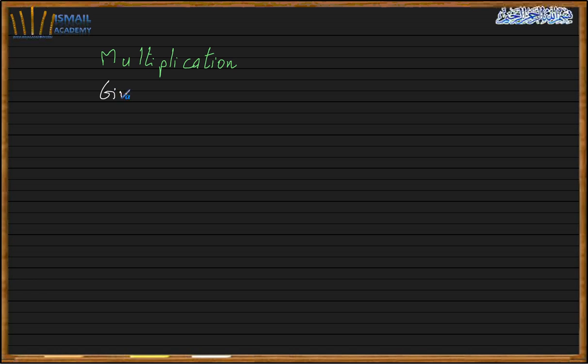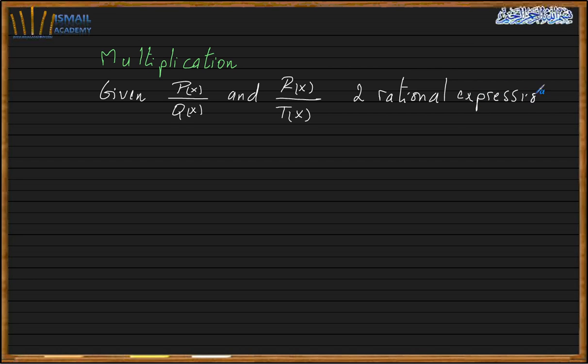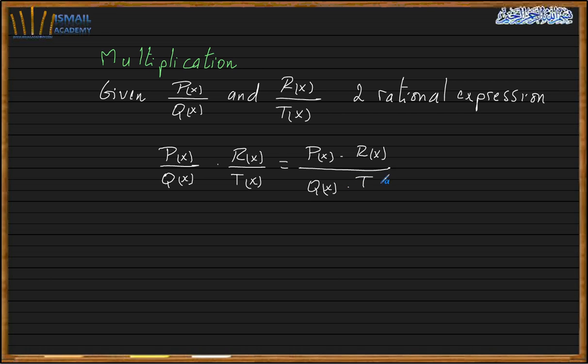So given p(x) over q(x) and r(x) over t(x), two rational expressions, p(x) over q(x) times r(x) over t(x) is going to be p(x) times r(x), the whole thing over q(x) times t(x).